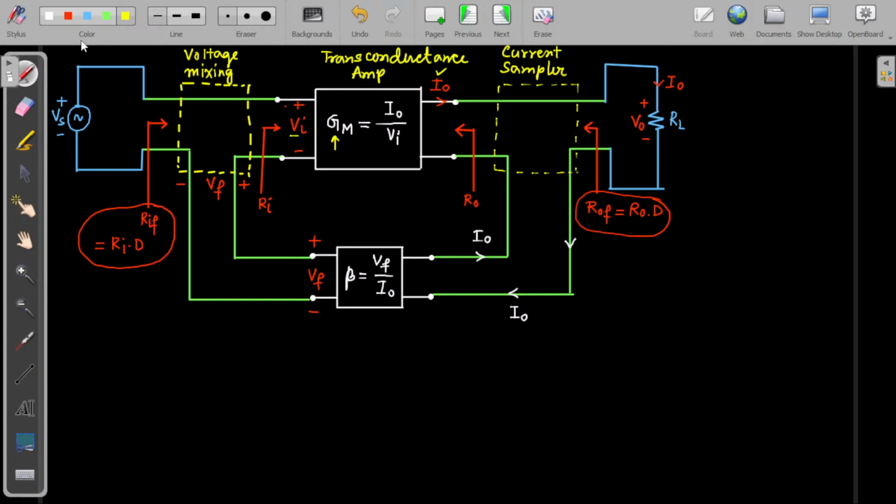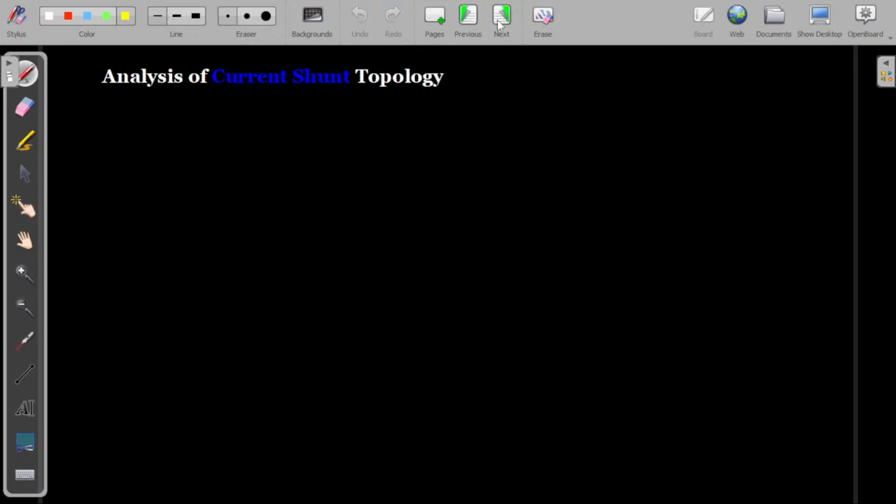Now we will go for the last topology, the current shunt topology. Let us understand what the current shunt topology is. As mentioned earlier, the first word, current, is due to the sampler, and the second word, shunt, is due to the mixer.